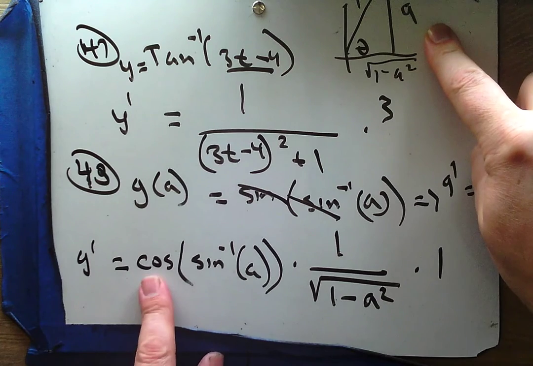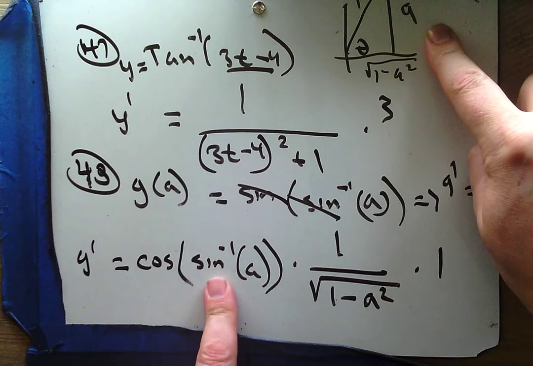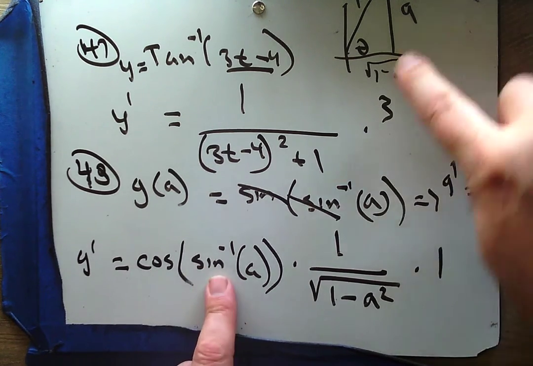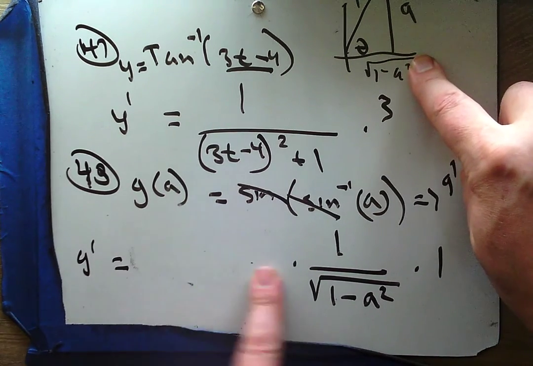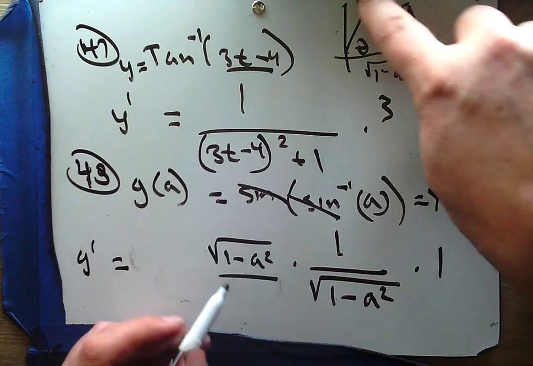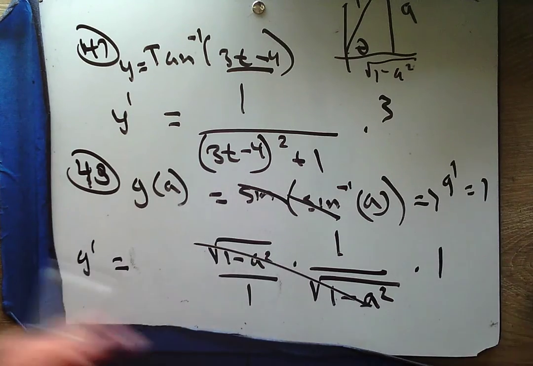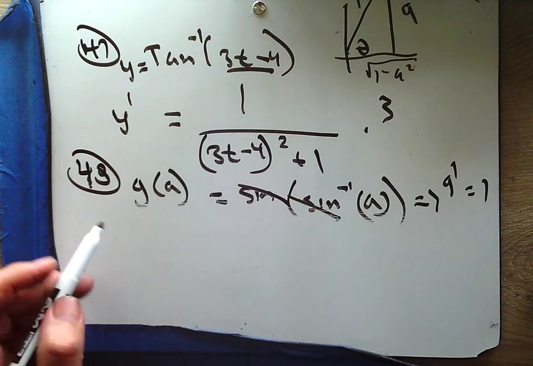So this says the cosine of theta. But theta is the theta in this picture. I want the cosine in this picture. So the cosine in this picture is square root of 1 minus alpha squared over 1. Oh, there it is. No, I've never seen anyone have to do that on the AP exam. But we could do it because we drew a lot of triangles last year.